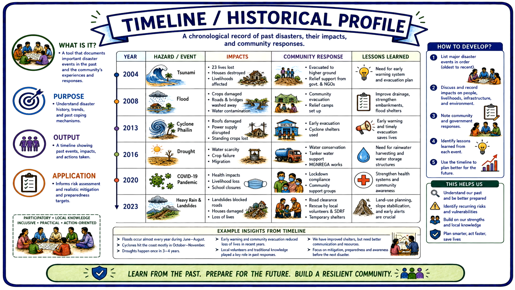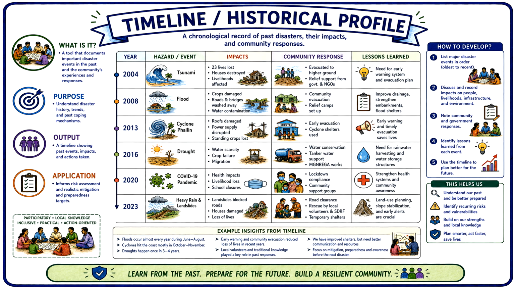Community members document the type of hazard, year of occurrence, impacts on people, property, livelihoods, and the coping or recovery measures adopted. This historical record helps identify recurring hazards, changing risk patterns, and trends in disaster frequency and severity.